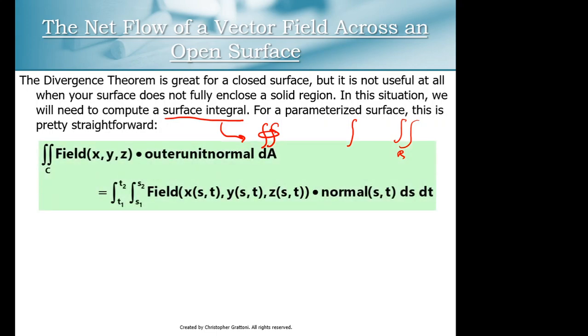Anyway, it's not terrible. I know the formula looks complicated when you look back at the previous slides, because we had field dot outer unit normal dA.